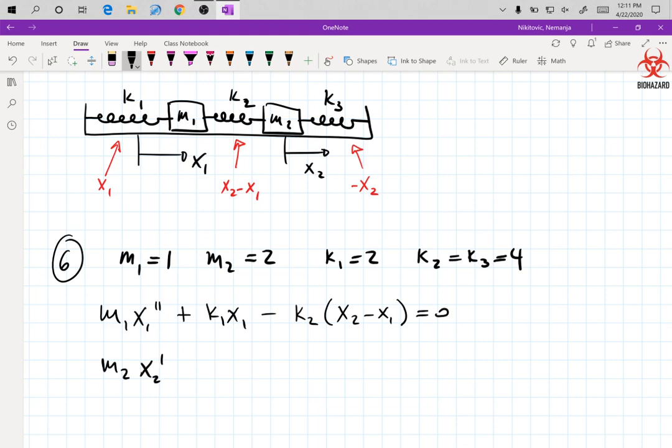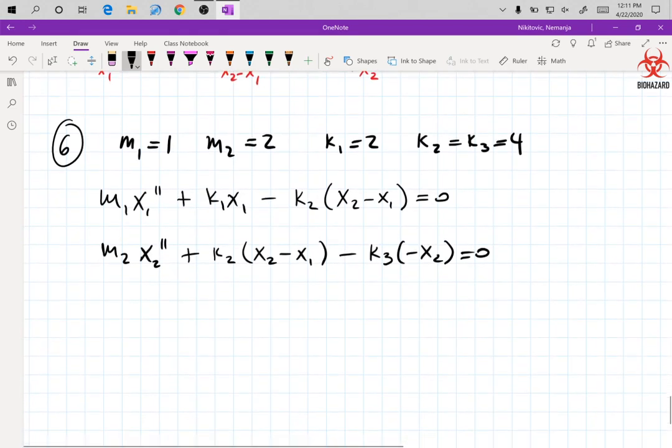Mass 2 x2 double prime plus K2 of (x2 minus x1), and then it should be, well, minus K3 times negative x2. That's going to give us a plus later.